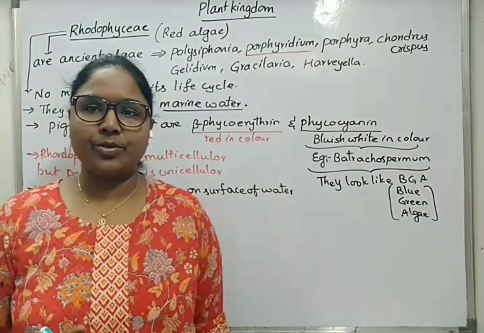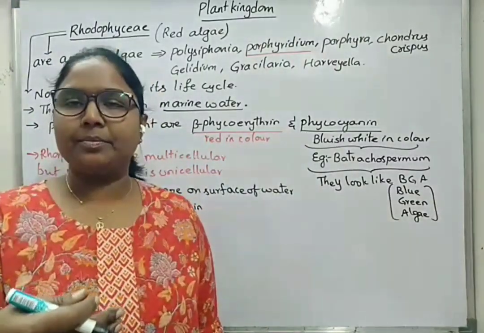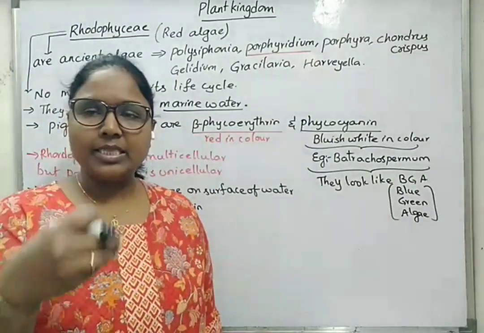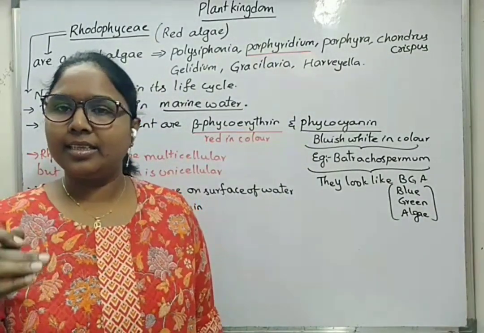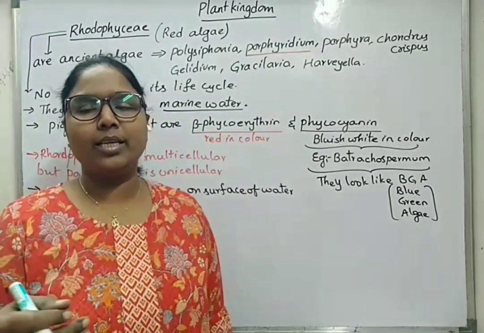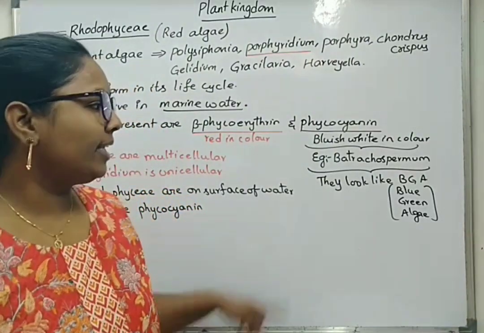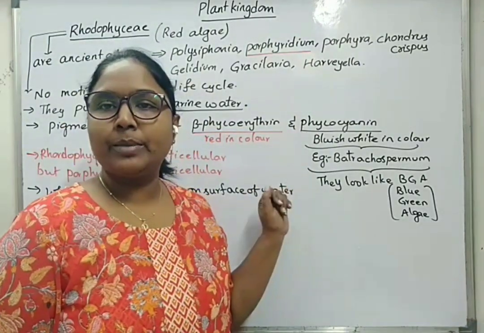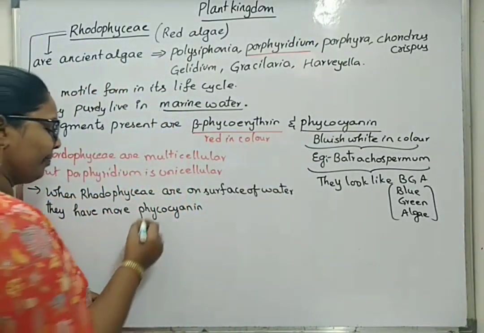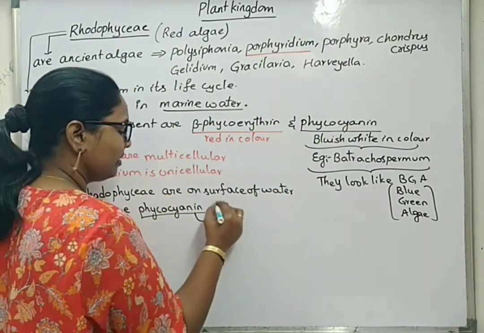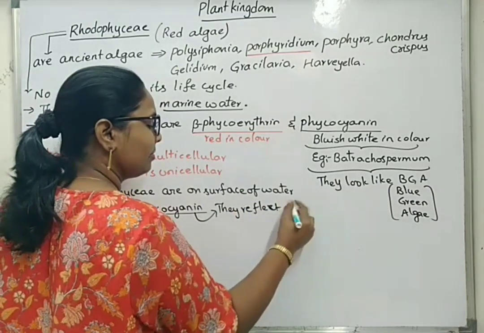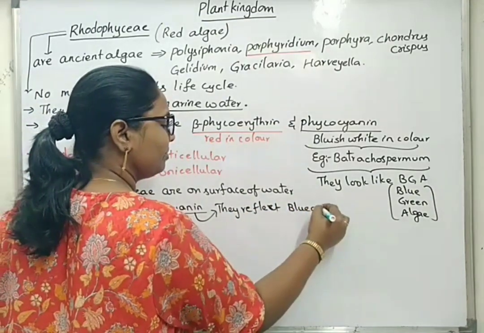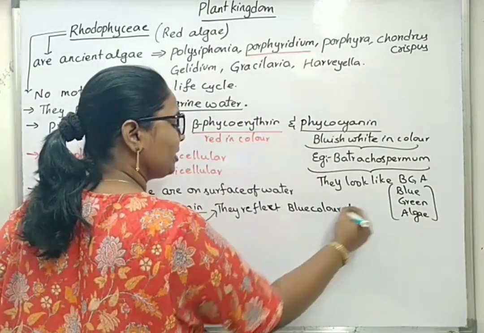When they are on the surface, the spectrum falls on the algae. They take in the red color and reflect the blue color. So sometimes we feel that Rhodophyceae members like Batrachospermum are blue-green algae, because they reflect blue color.